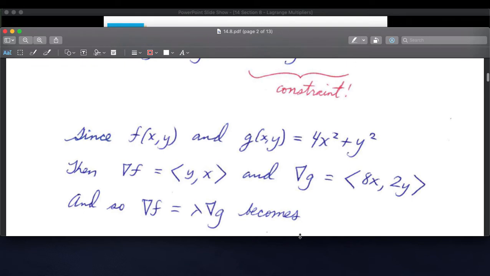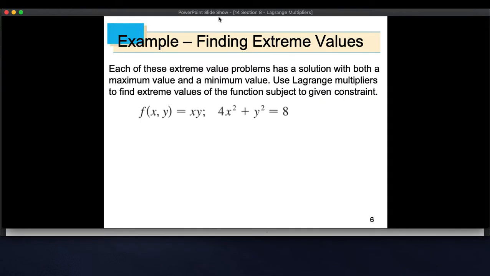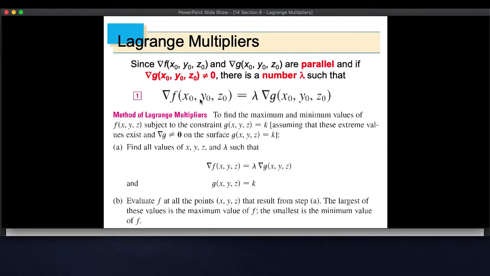And so what we're going to do is take this equation. This is really the equation that I want to point out: gradient of f equals lambda times gradient of g. In fact, let's go back real quick and take a look at that. This is the equation you really want to focus on. It's the gradient of f equals lambda times the gradient of g.